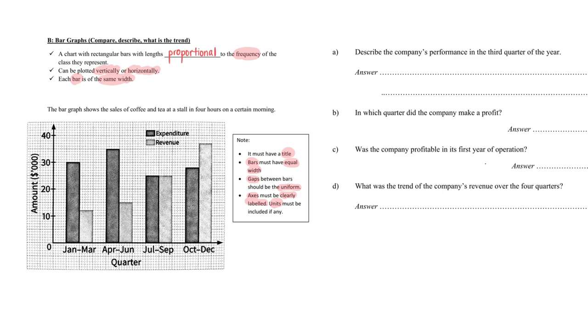This particular bar graph shows a comparison of the expenditure, that means how much the company spends, and the revenue, how much they earn. So when we look at the third quarter, which is here, do you see that the expenditure and the revenue are the same?